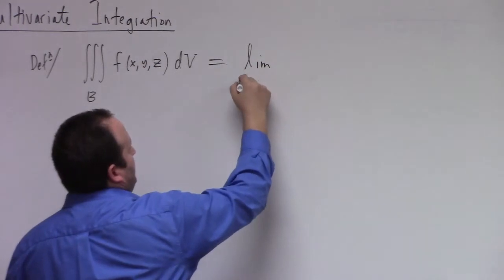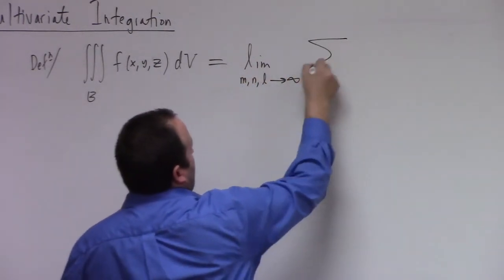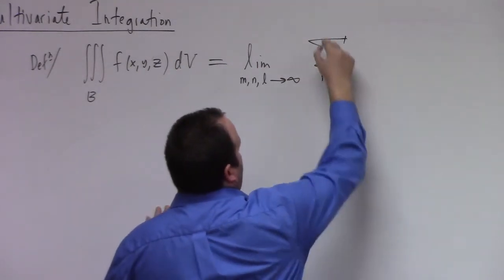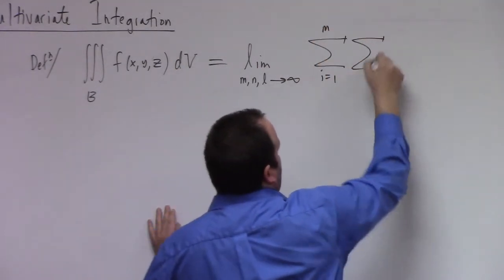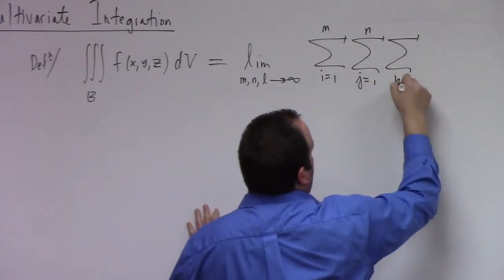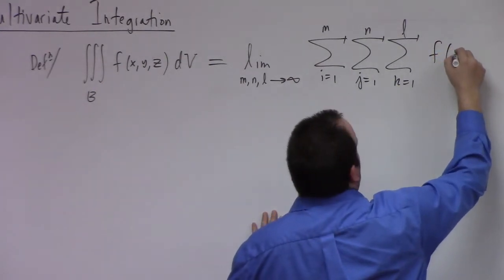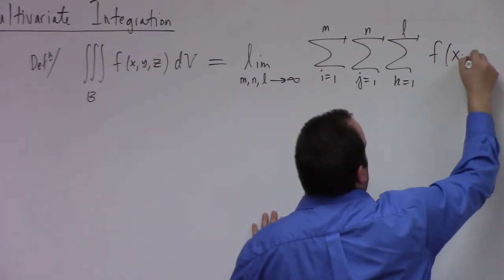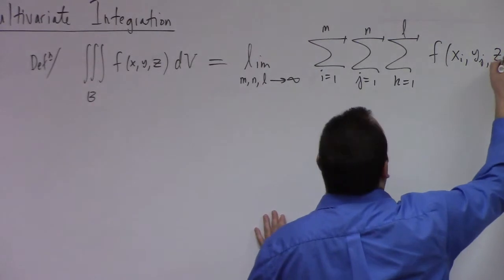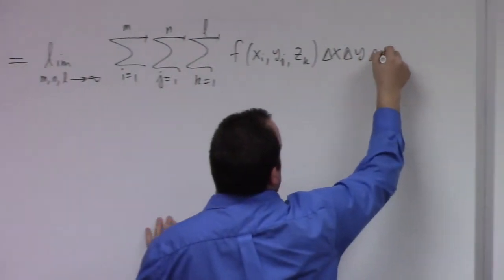The limit as, let's say, m, n, and l go to infinity of the sum i equals 1 to m, sum j equals 1 to n, sum k equals 1 to l of f of x sub i, y sub j, z sub k, delta x, delta y, delta z.